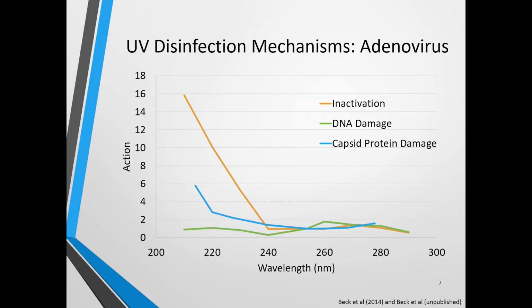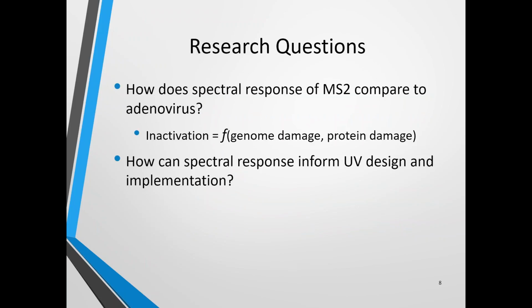So you can see the DNA damage is relatively constant across the UV spectrum, but protein damage is increased at wavelengths below 240 nanometers. And so this makes us think that proteins play a role in disinfection of adenovirus. And we want to think about how our surrogate microbe, MS2, is or is not a good model for adenovirus.